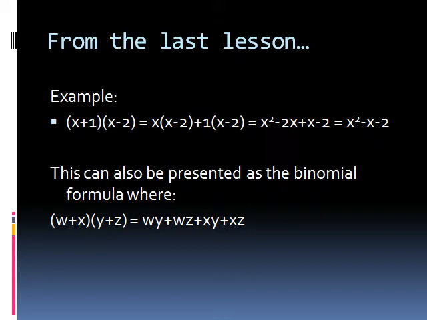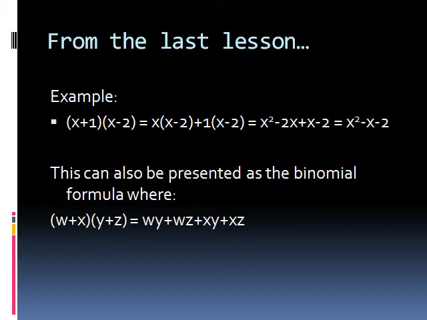Well, there is a faster way to go about this, and this is by using the binomial formula, where w plus x times y plus z would yield w times y plus w times z plus x times y plus x times z.